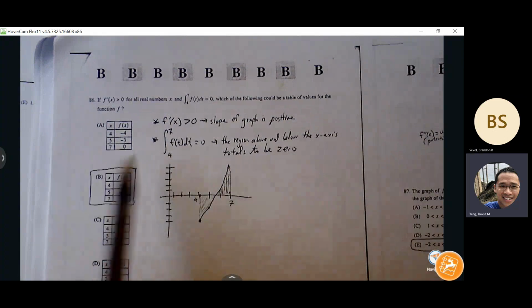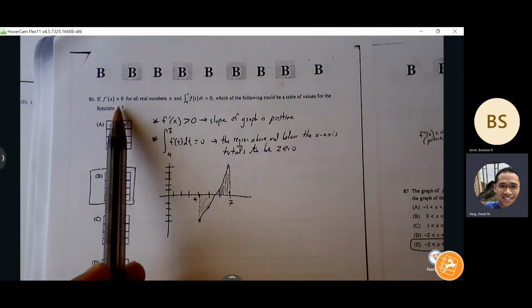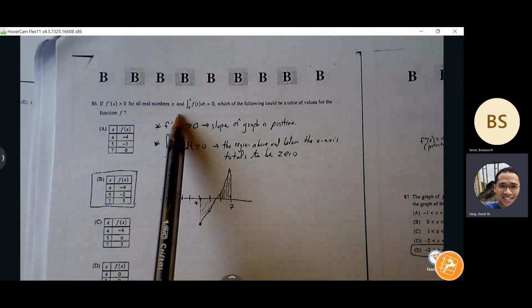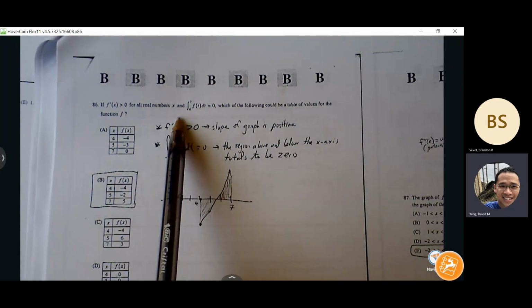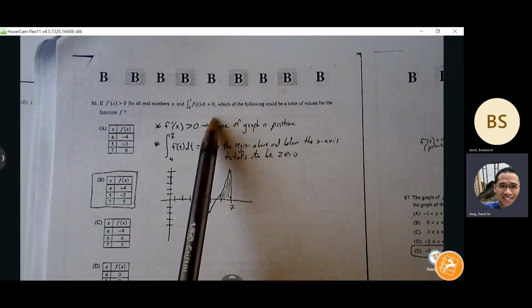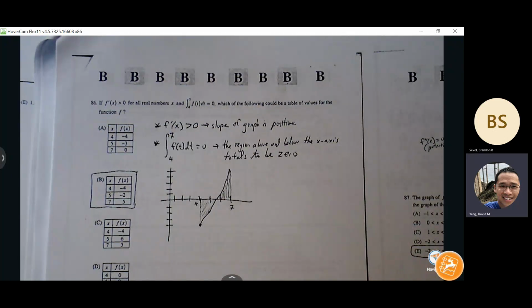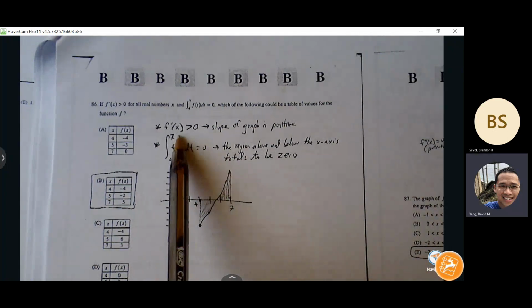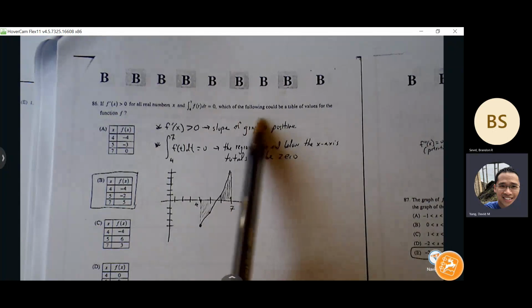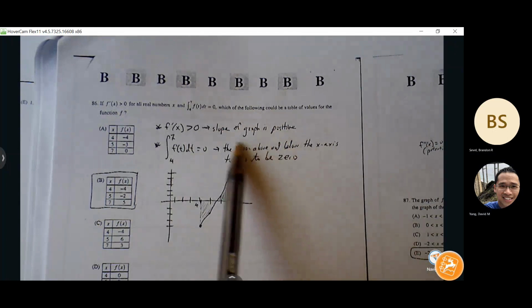Okay, next up, f prime is greater than 0 for all numbers. And the integral from 4 to 7 of f of t dt equals 0. Which of the following could be the table of values for the function? So if f prime is greater than 0, that means we're hoping that the slope of our graph is positive, right?